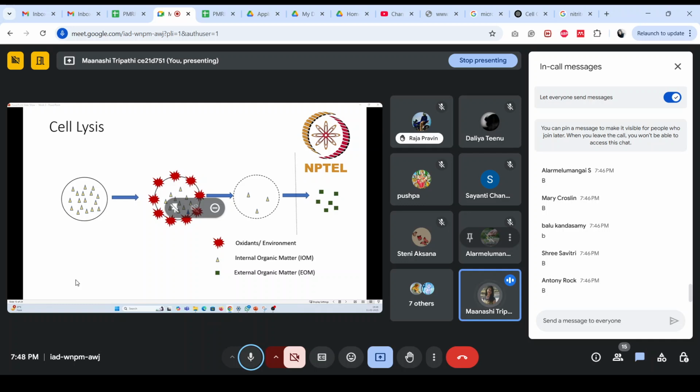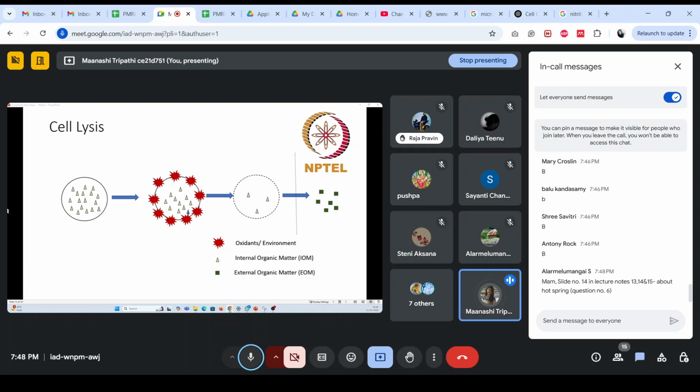This is one important concept that I wanted to explain, which is called cell lysis. This was explained earlier, but I would like to explain it again using some pictures so that it becomes easier to understand. Let us imagine this is an intact bacterial cell, and it contains various internal organic matter. These triangles represent the internal organic matter.